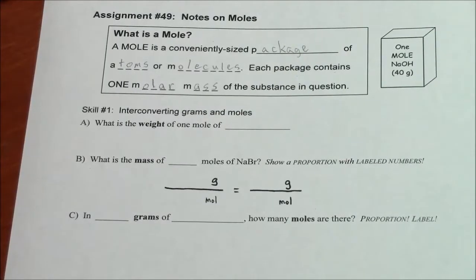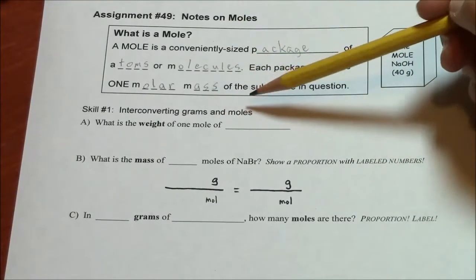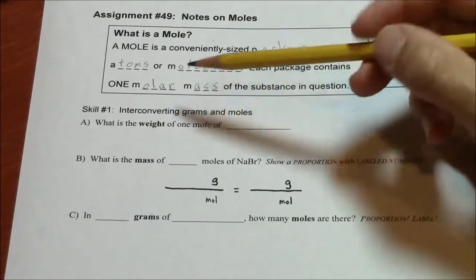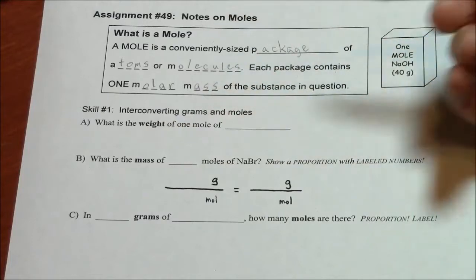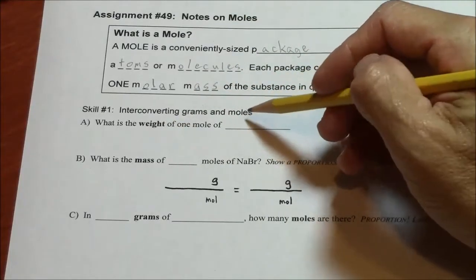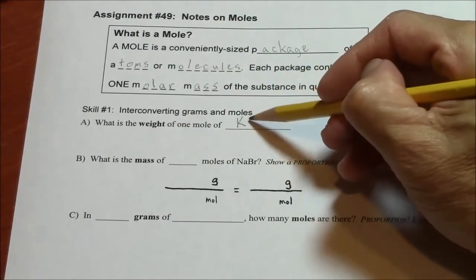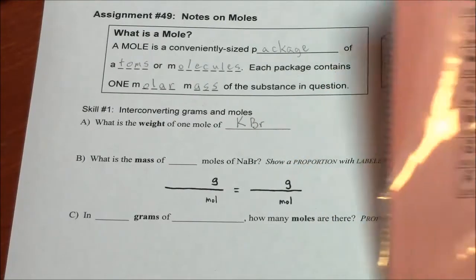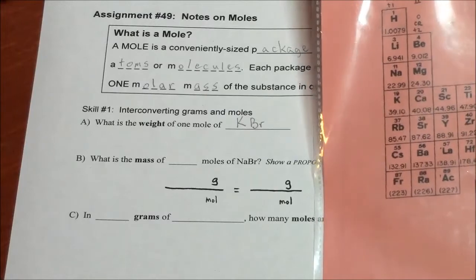There are 2 main skills when working with moles. One is be able to say grams and moles are related. First question, what is the weight of 1 mole of, let's make this simple, KBr? So there you'd get out your periodic table and say potassium bromide.